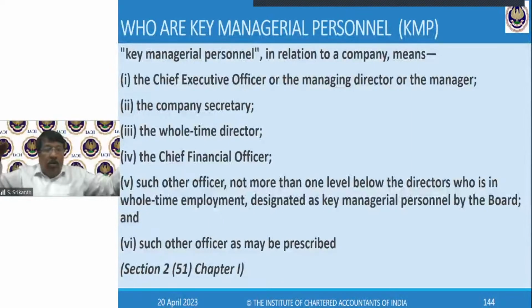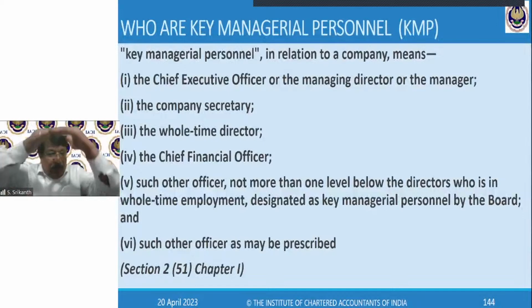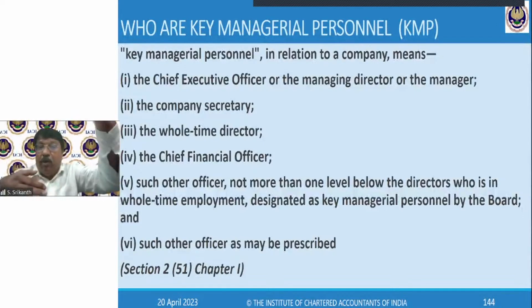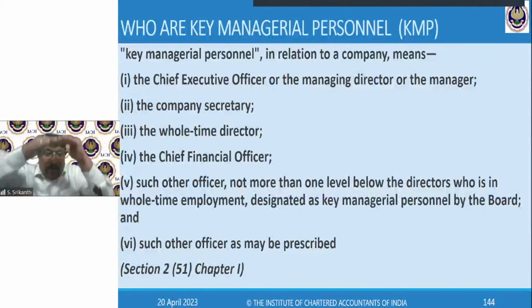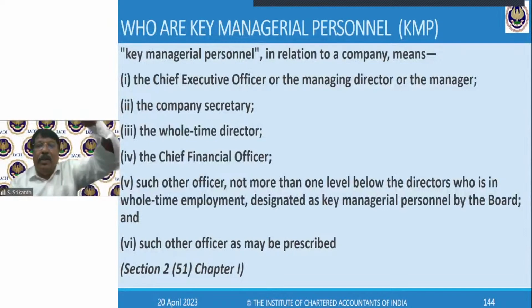One level below that, there could be employees like a vice president, designated vice president finance. That gentleman is one level below the board. He is not a member of the board, not a director, but he is in the whole-time employment of the company, one level below. Now, for certain purposes, you might make them key managerial personnel.